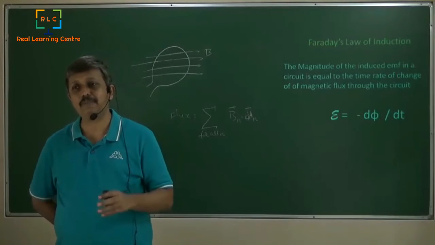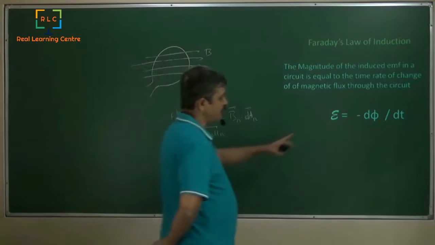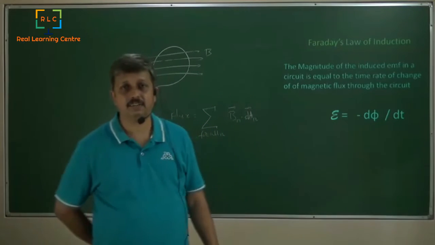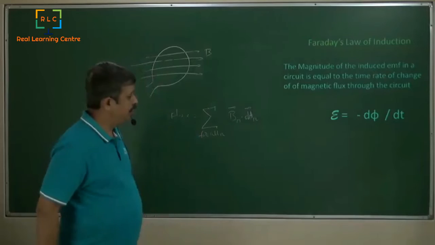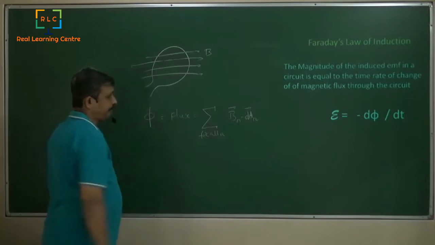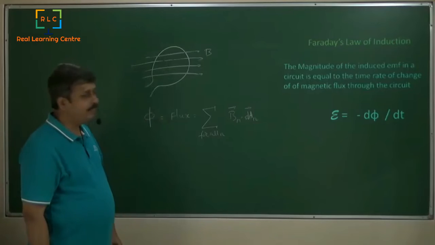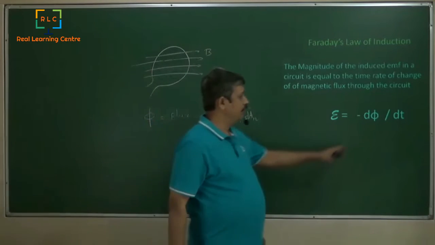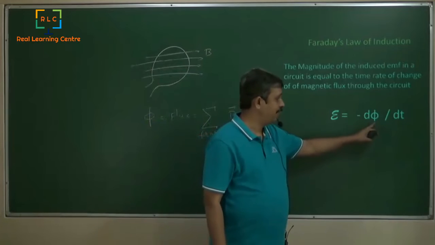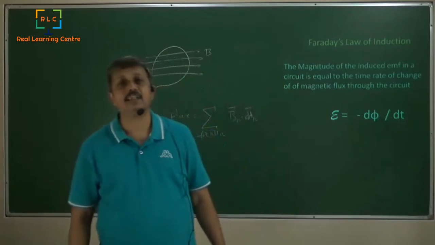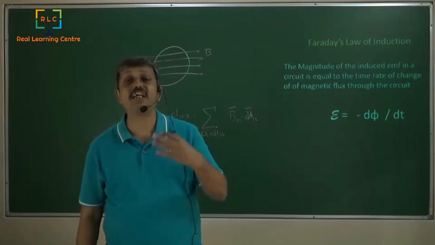So he made this mathematical statement: EMF induced is equal to minus d phi by dt. Look at the meaning of this. Phi is flux. d phi by dt, as we studied earlier, is the differentiation of phi with respect to time t, which tells us the rate of change of phi.